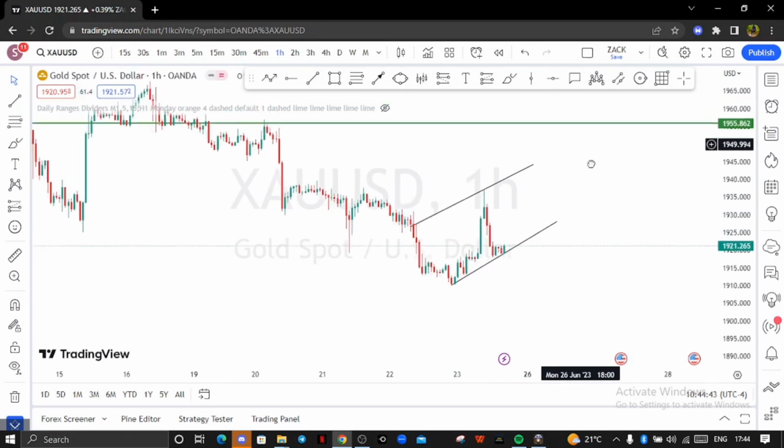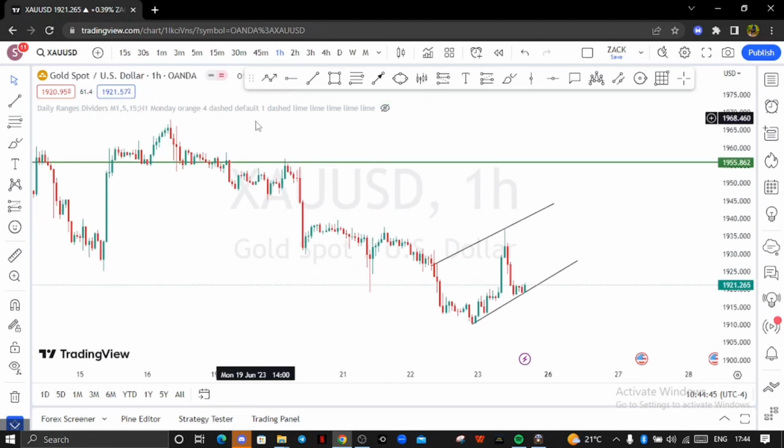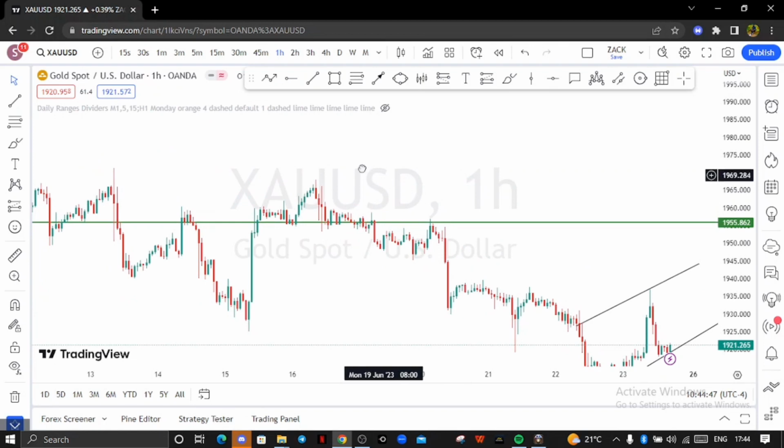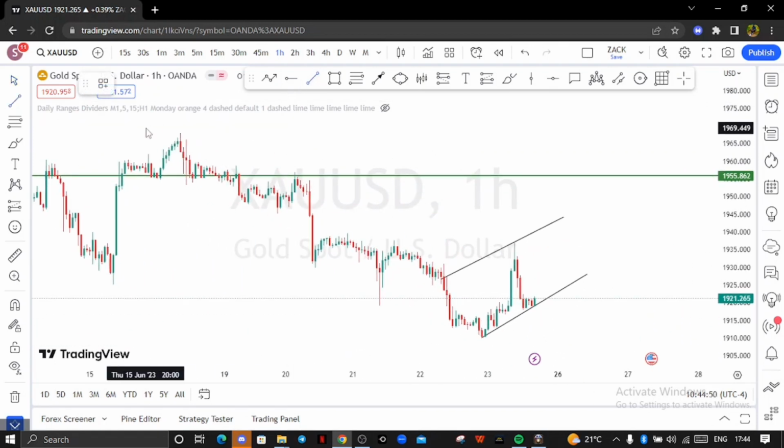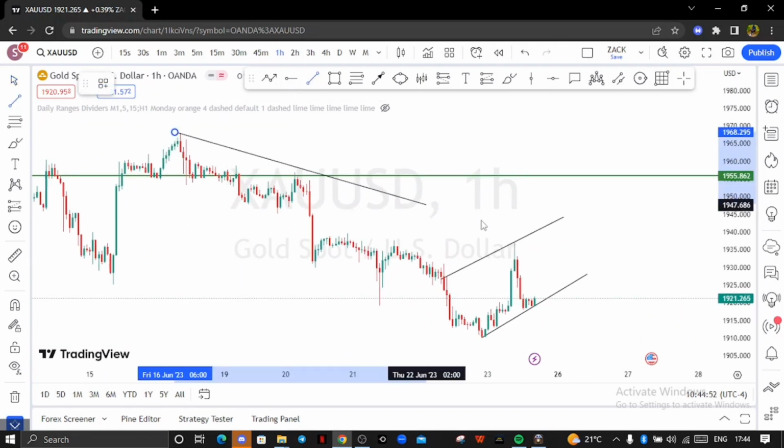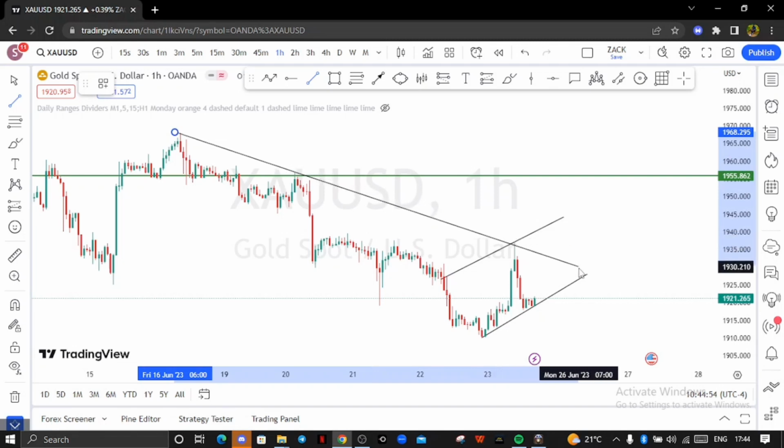Meanwhile, we are actually looking for sales, guys. Whichever strategy you trade, I don't know about you, but I feel like sales would be more valid.